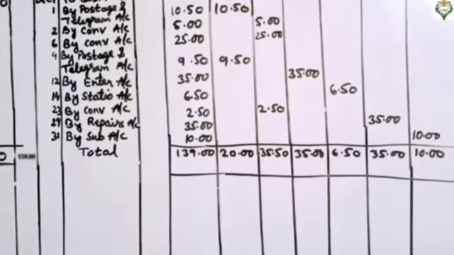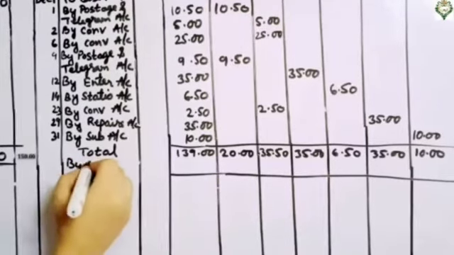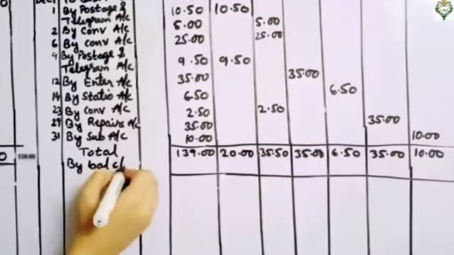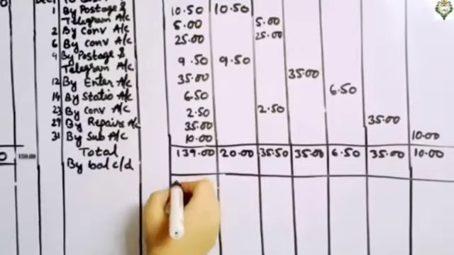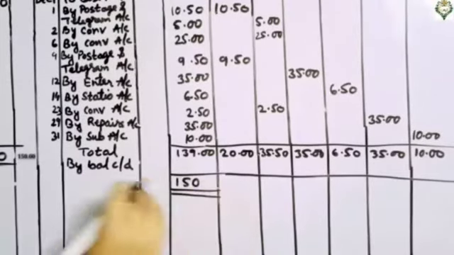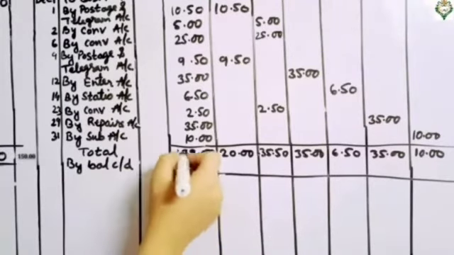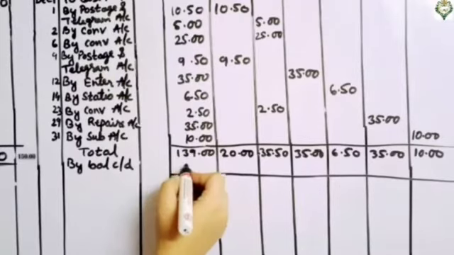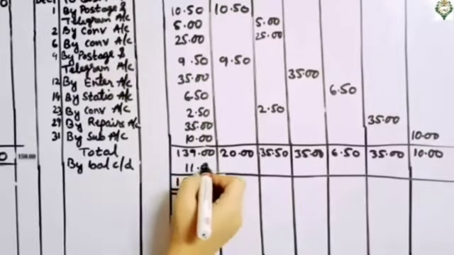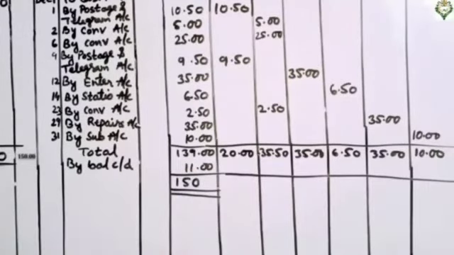So what we have to do here, we have to write by balance CD, and we have to balance it because we have to make both sides balanced. So after subtracting these two amounts we will get 11 rupees. So this is our balance carried down, that we have to draw down here.